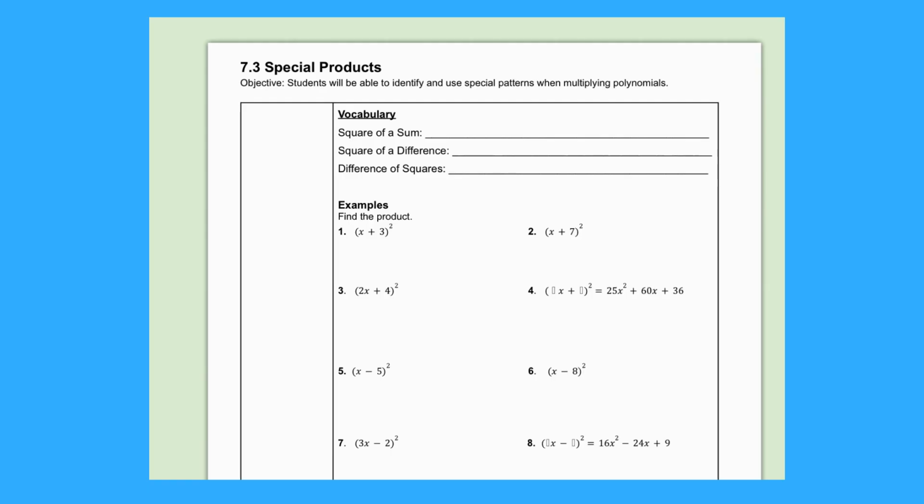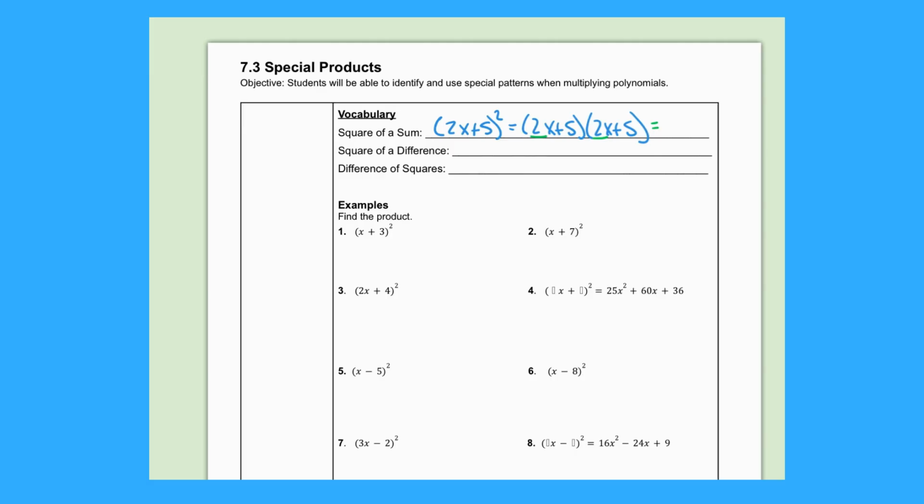So square of a sum or difference, that just means we have, for example, 2x plus 5 squared. That means that I have 2x plus 5 twice. And then you do your distributive property, do your multiplying like normal, but they have a special pattern for the solution. So the solution is always going to be whatever this first number is, you just multiply those together, or you square that.